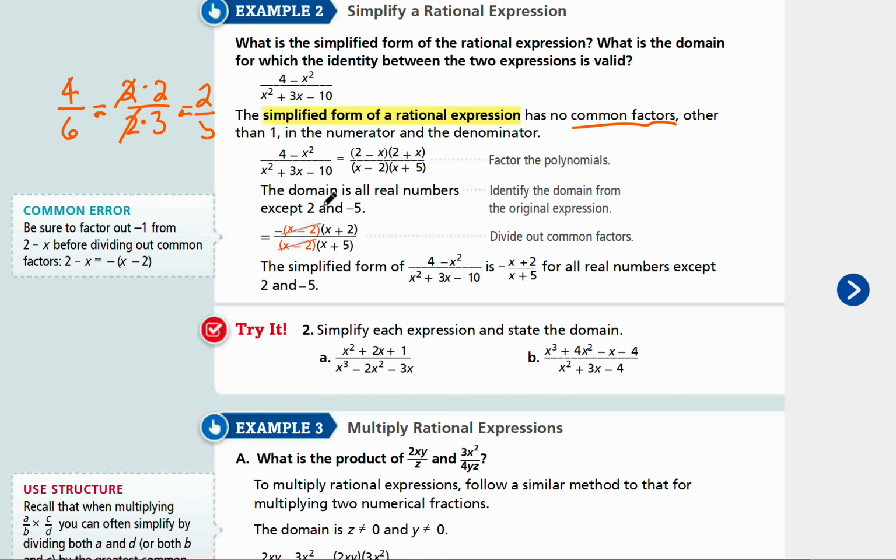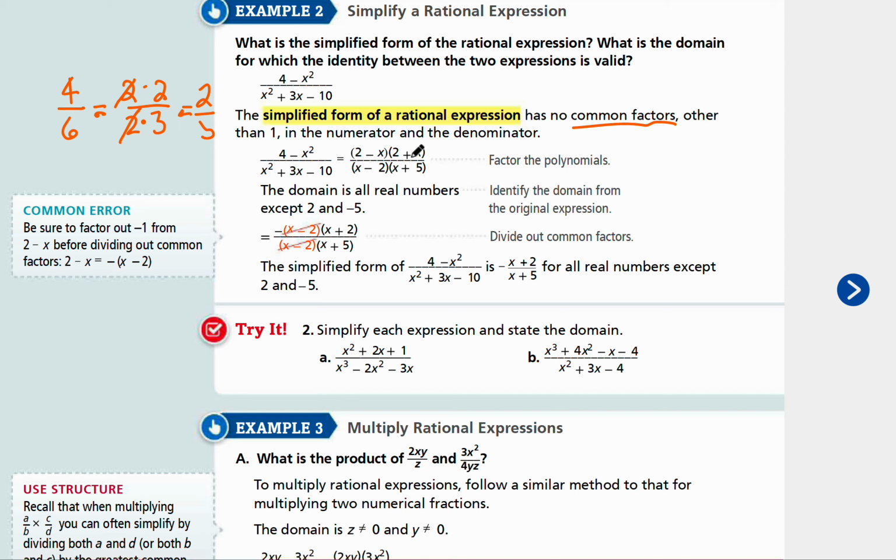We'll do the same thing for rational expressions, where we factor the polynomials and see if we have any common factors. If we factor 4 minus x squared, we get 2 minus x times 2 plus x, over x squared plus 3x minus 10, which factors to x minus 2 and x plus 5. Then we see some common factors here.